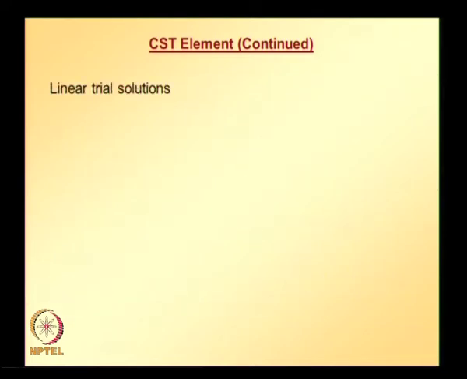Linear trial solutions: u is equal to alpha 1 plus alpha 2 x plus alpha 3 y. This is similar to what we did when we derived the shape function for the 3 node triangular element. If you recall, we started out with a polynomial something like t is equal to a naught plus a 1 x plus a 2 y.